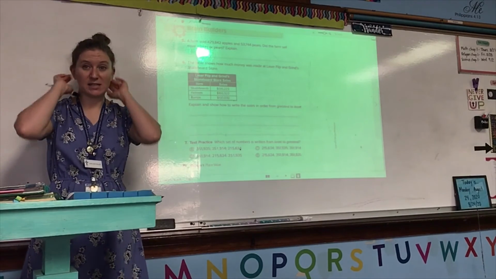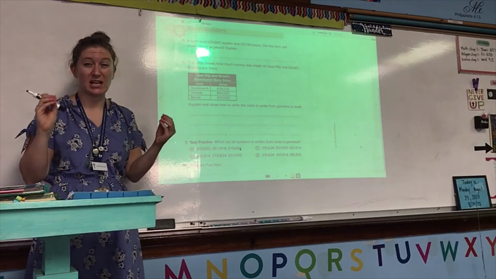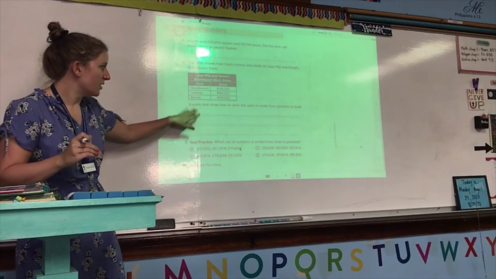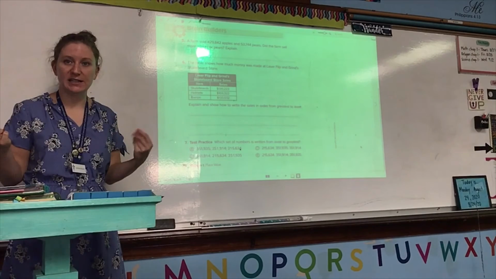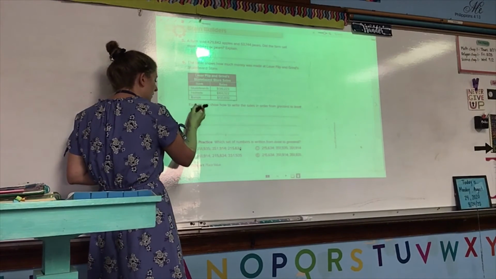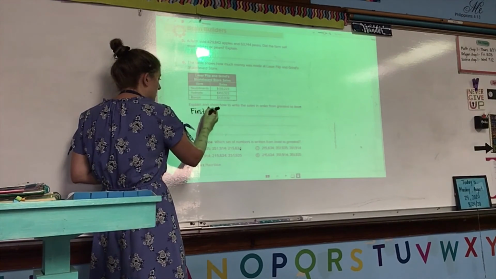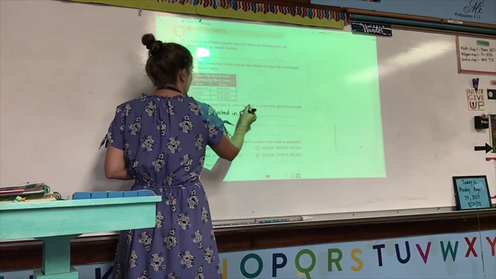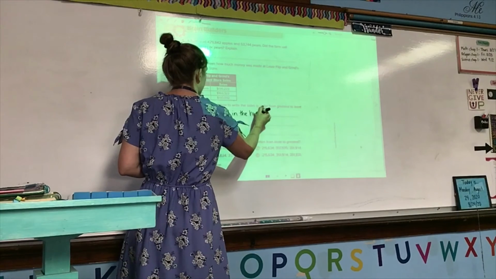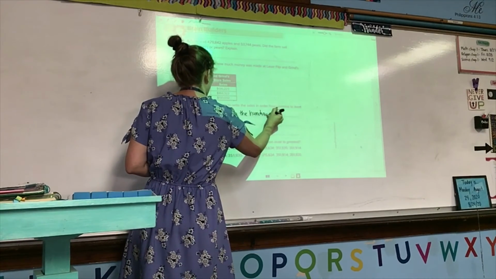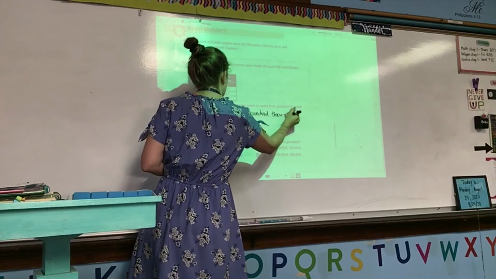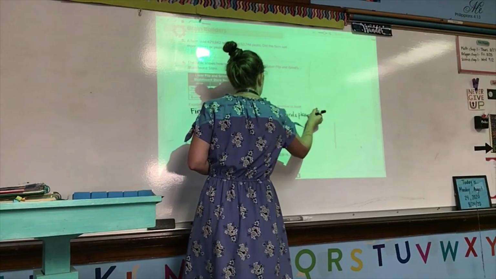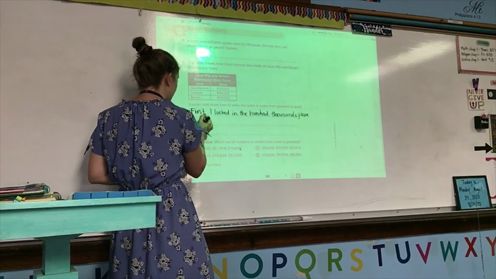So first we have to explain, and in this case, because we're looking at 3 different numbers, we're going to have to explain in words. So, how do you find greatest to least? Well, first, I looked in the hundred thousands place because that's the greatest place value, and compared.